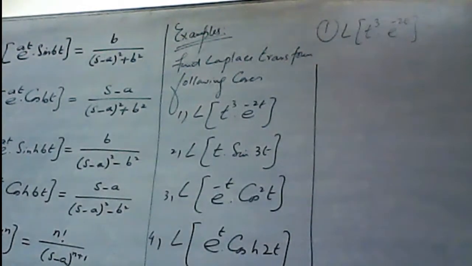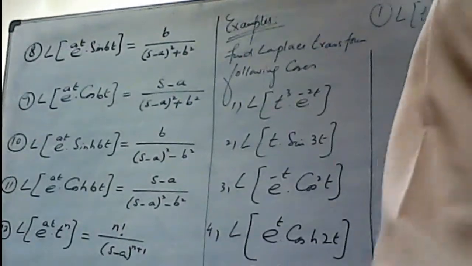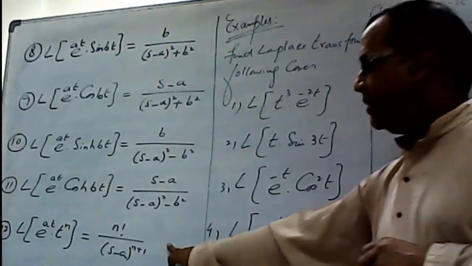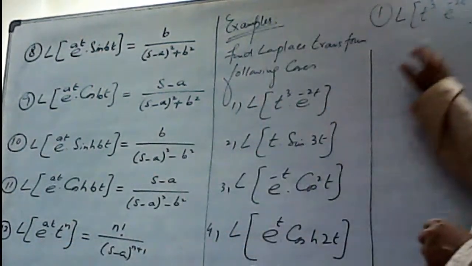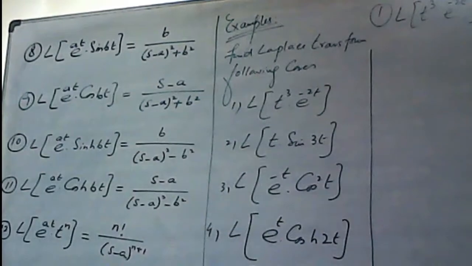If you look at this example, it is directly related to formula number 12, because in formula number 12 we have exponential multiplied by t, and here we have exponential multiplied by t.